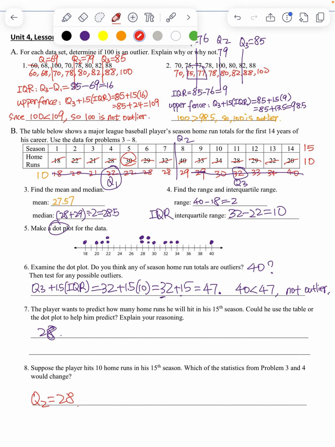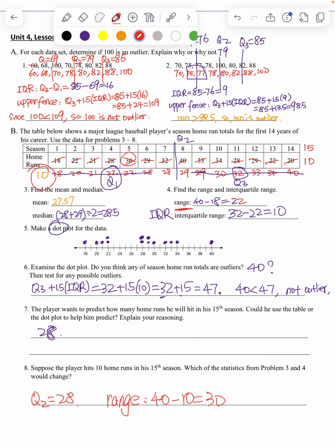The mean will go lower. The mean will go lower because we added a very small number. And the range is going to change a lot, because the range is going to be 40 minus 10, which becomes 30.